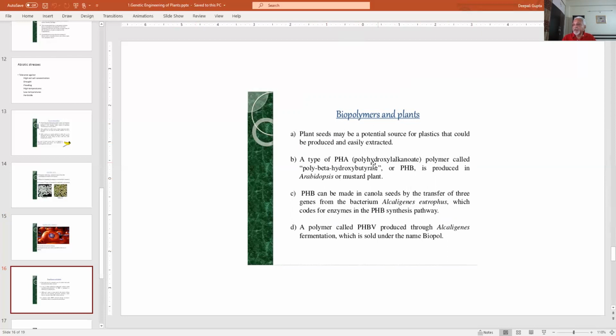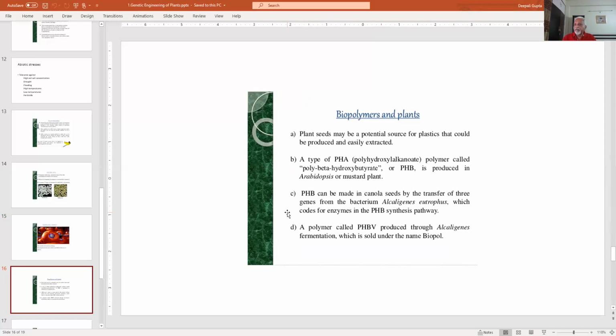It means that all the genes responsible for the production of this chemical are cloned and transferred to Arabidopsis, mustard plant, or any other plant, wherein this was made by the plant, and then it is extracted from these plants. So instead of making it in factories, they are made in plants and then extracted from there.